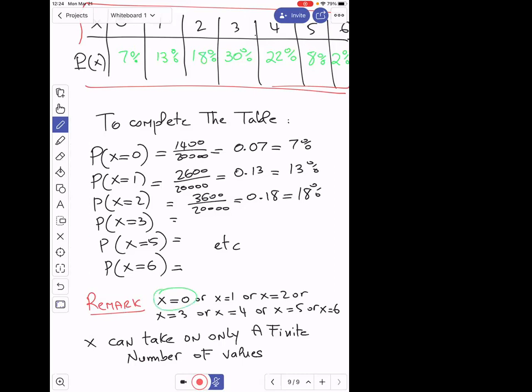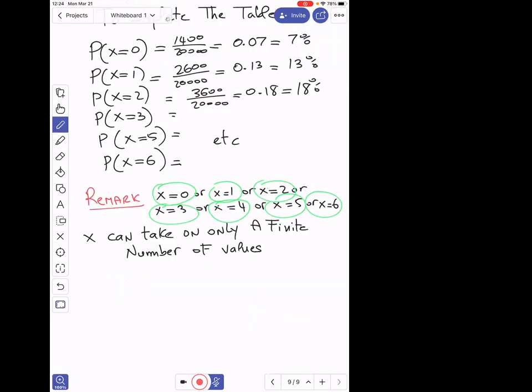Well, 1, 2, 3, 4, 5, 6, 7 values. So there are 7 possible values of x. So that's a finite number, right? By finite, guys, I mean it's not infinite. So in this case, we say that x is actually a discrete variable.